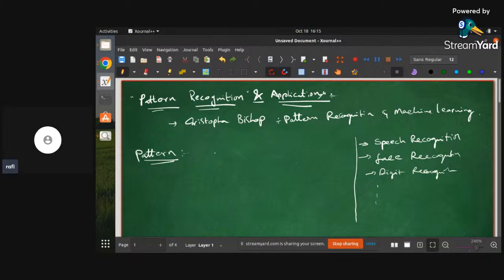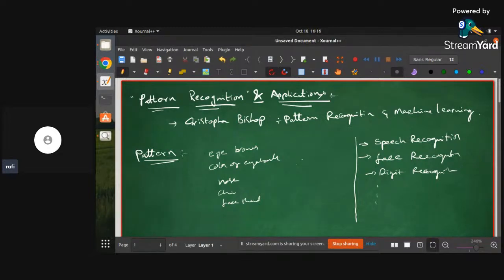So pattern, for example, if you want to identify or register your friend's face in your brain so that you can identify him regularly, you will make note of some distinct features like the eyebrows, color of eyeball, then the nose, chin, and the face, whether it is round, the overall face shape, rounded, oval, or something like that.